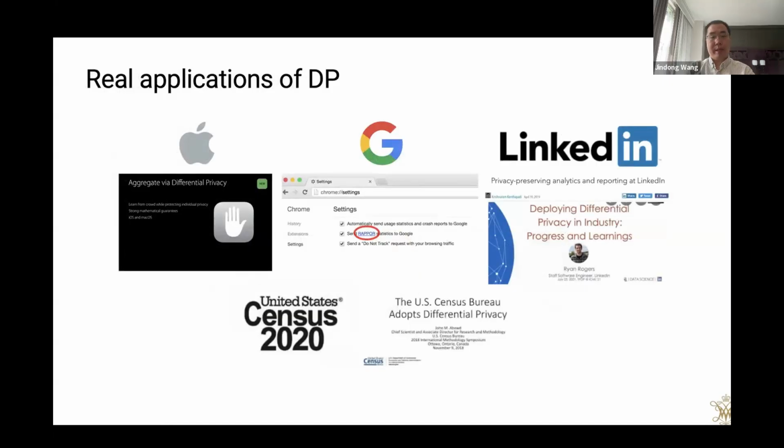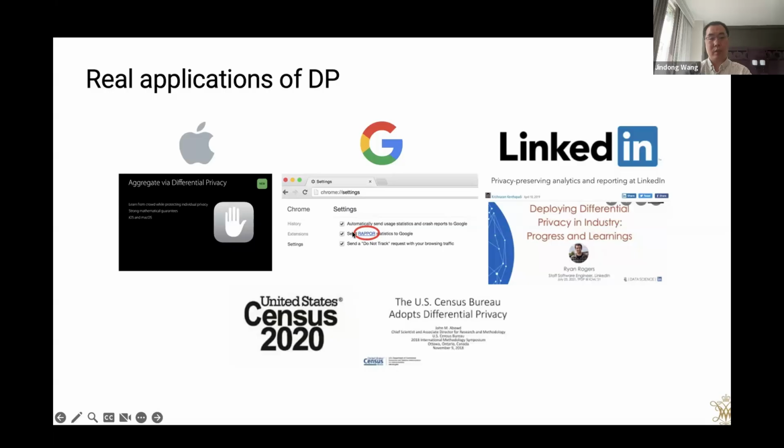And for real applications, you may wonder, DP is very useful, but is there any big tech industry that directly uses it? There is. You can see Apple uses differential privacy on your iPhone, on your MacBook, on your iPad, and Google uses it in the settings of Chrome. You see there's a clear setting.